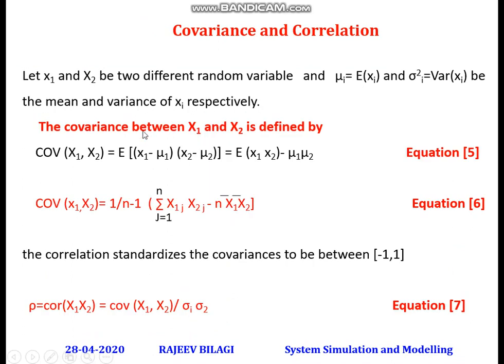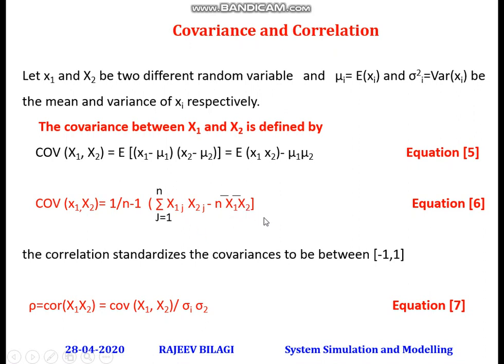The covariance between x1 and x2 is defined by this formula: covariance of x1 comma x2 equals 1 divided by n minus 1, times the summation of x1j x2j, that is, if two variables are there, x11 x21, x12 x22, like this, minus n into x1 bar x2 bar.